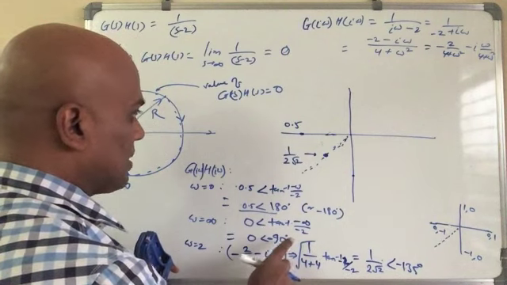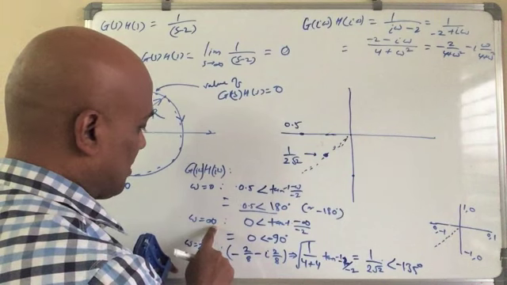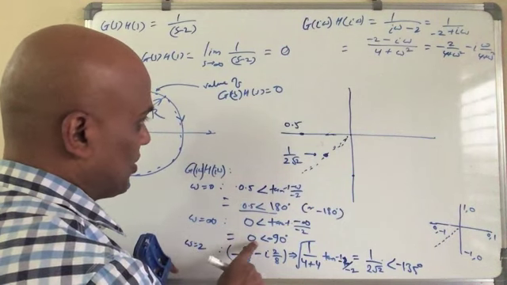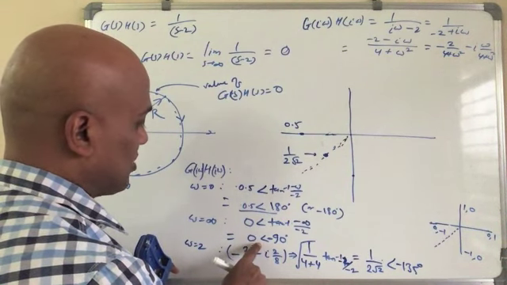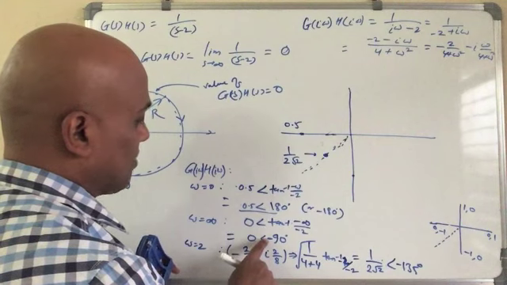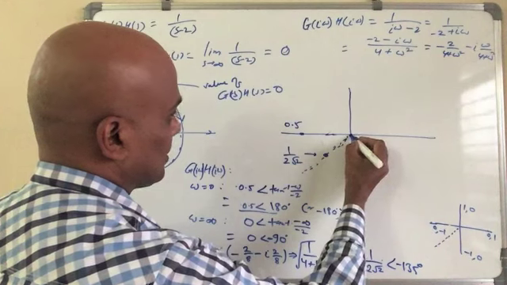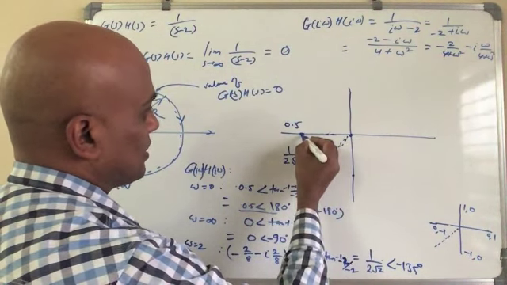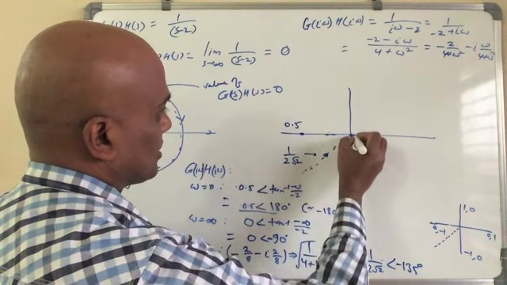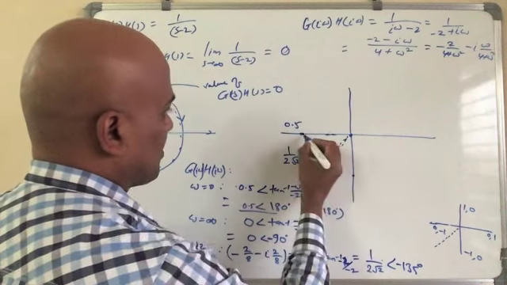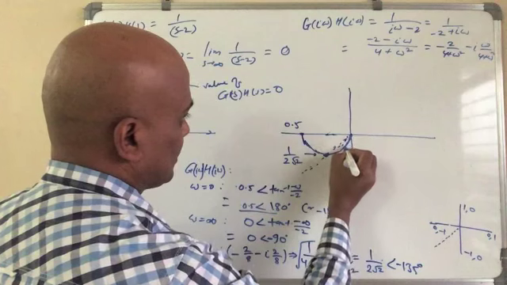Okay, and then at omega equal to infinity we have value 0, and value 0 at minus 90 degree. So we are going here somewhere. So this will go something like this. What I mean to say is it is going to be something like this.